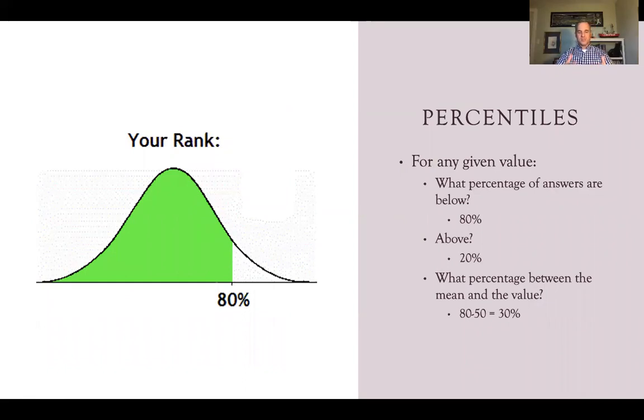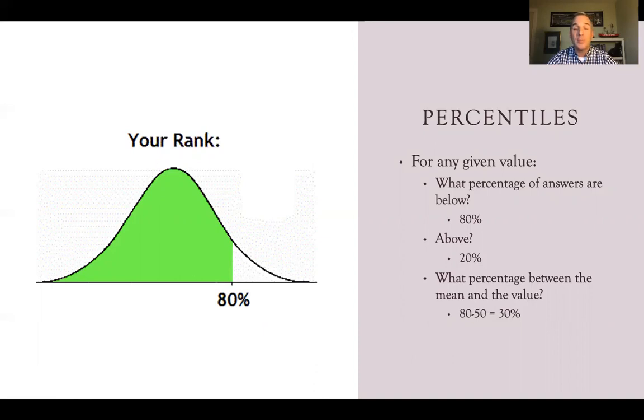So for this particular value, we'll start here, this 80th percentile. What percentage of answers are below the 80th percentile answer, right? And again, this is a histogram where all the values of a particular variable are along the x-axis, and the frequency of response for each value is along the y-axis. So this 80th percentile is telling us that at that particular value of x, 80% of the responses are at that value or below.